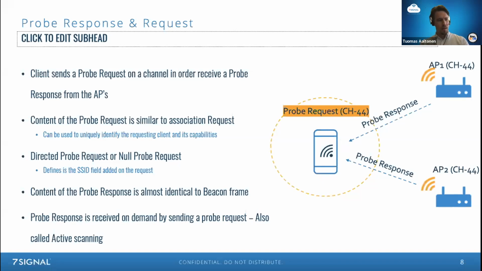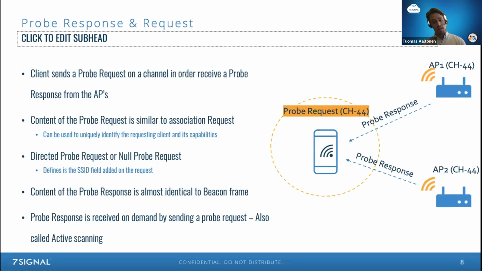So you can, of course, imagine a situation when a user is moving in a building. They can't always wait for beacons every 100 milliseconds. That would take too long. So the client can, on demand, request this information from the access point by sending a probe request.